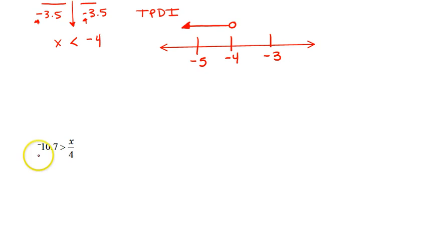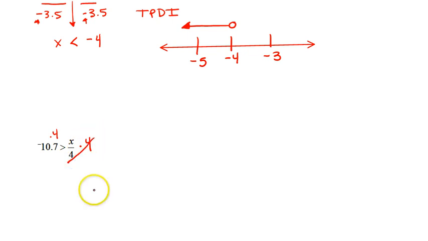I have negative 10 and 7/10 is greater than x divided by 4. I'm going to start by undoing my division of 4, which means I need to multiply both sides by 4. I'm multiplying by a positive integer, so I do not need to flip my sign.